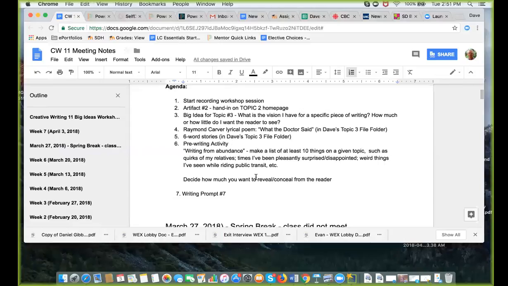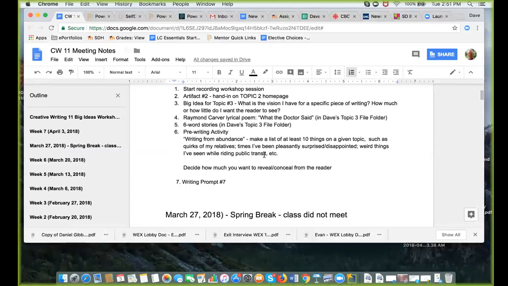You can choose to use a lyrical poem format, like what the doctor said, or the six-word stories. But maybe right now, just think a little bit about this idea of writing from abundance. The idea is that you generate some ideas and pick the best ones from those.